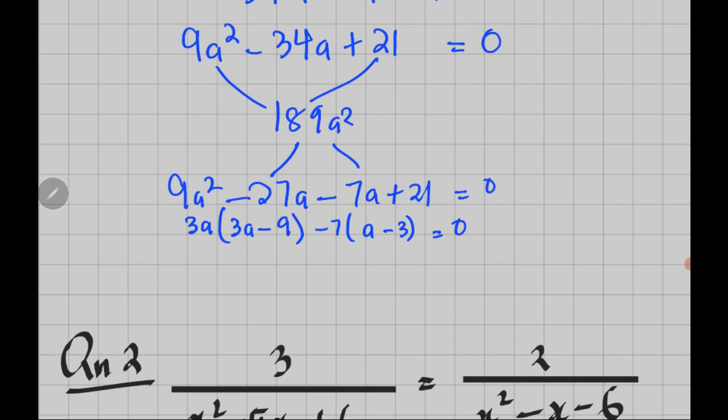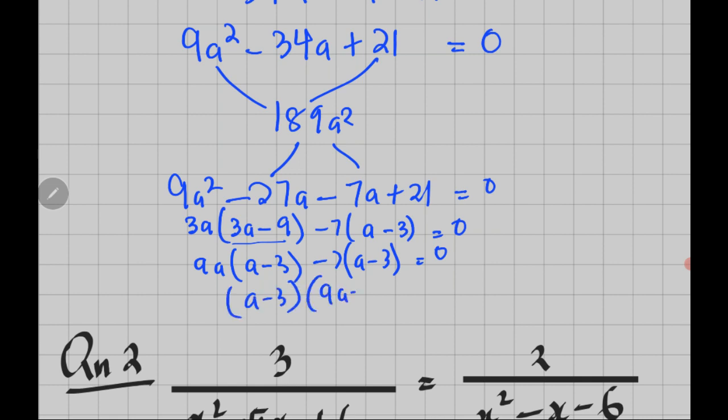And you can also reduce this. Our common factor was supposed to be 9a. Then we get a minus 3 times 9a minus 7 is equal to 0.